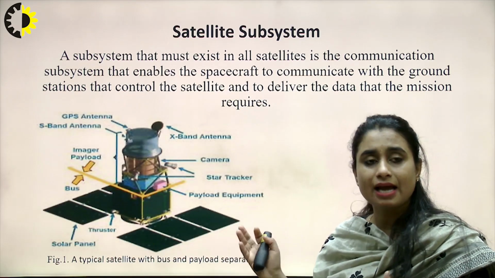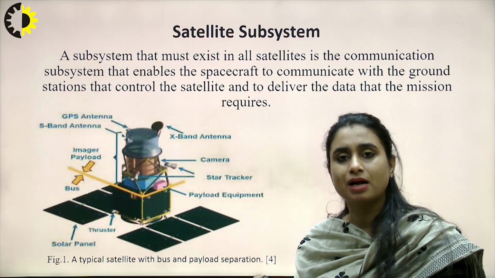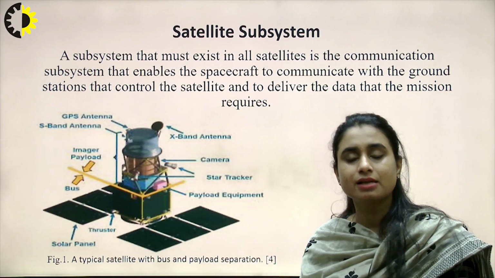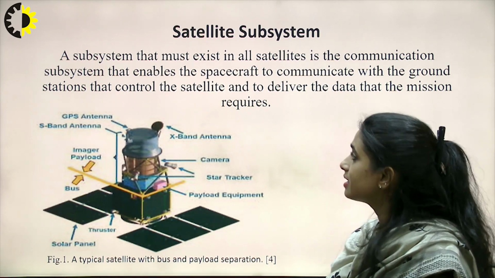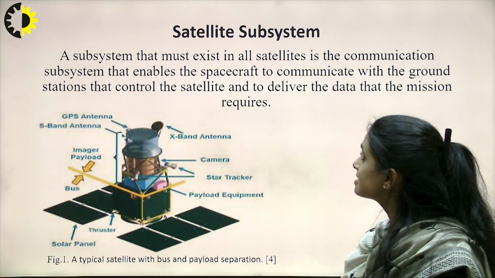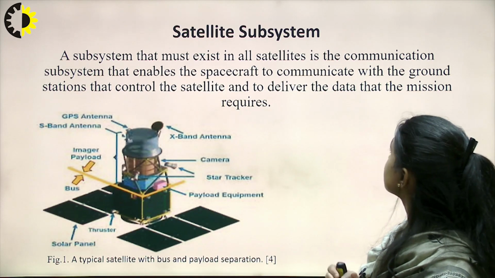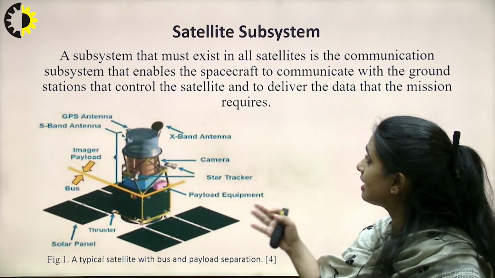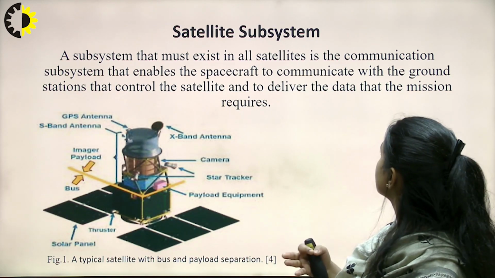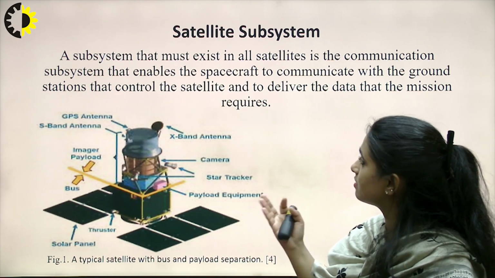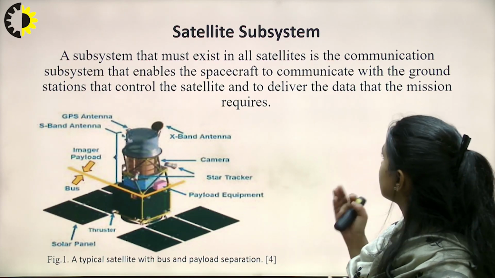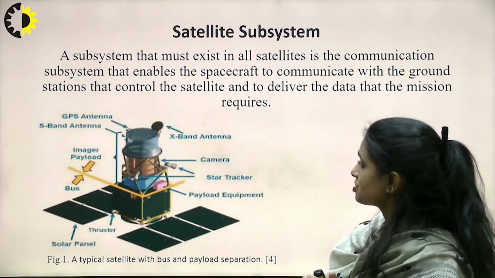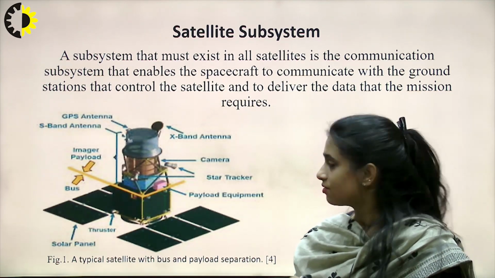The bus is the carrier and the payload is the actual communication part of the satellite, the actual technical part of the satellite, right? A subsystem that must exist in all satellites is the communication subsystem that enables the spacecraft to communicate with the ground stations that control the satellite and to deliver the data that the mission requires, right?